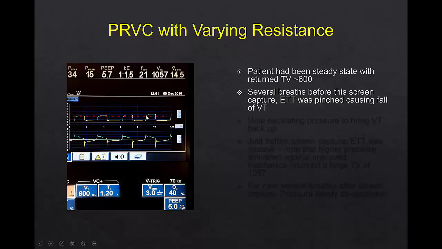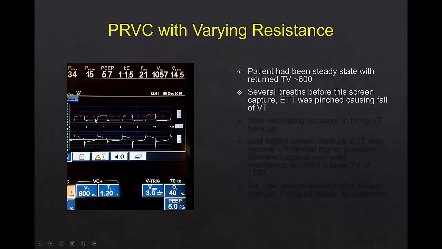So what happened then is I had this very high pressure suddenly pushing in against a normal resistance. Right then, I took the screen capture at that moment and 1,000 cc's came back because we were at the other extreme. We had built up a high pressure to overcome very high resistance.